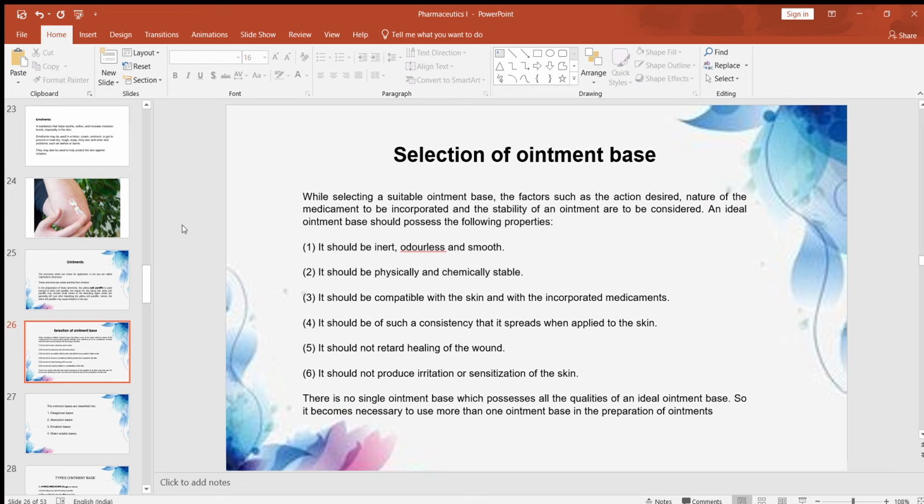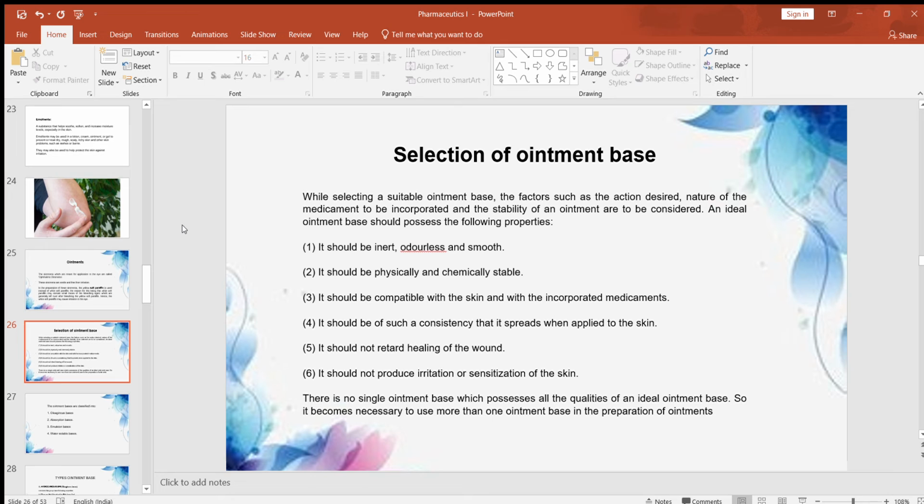To mix with a particular drug, and to have a semi-solid formulation. We have different types of dosage forms, and they serve various purposes. In the case of ointment base, it carries your formulation till the surface of the skin.